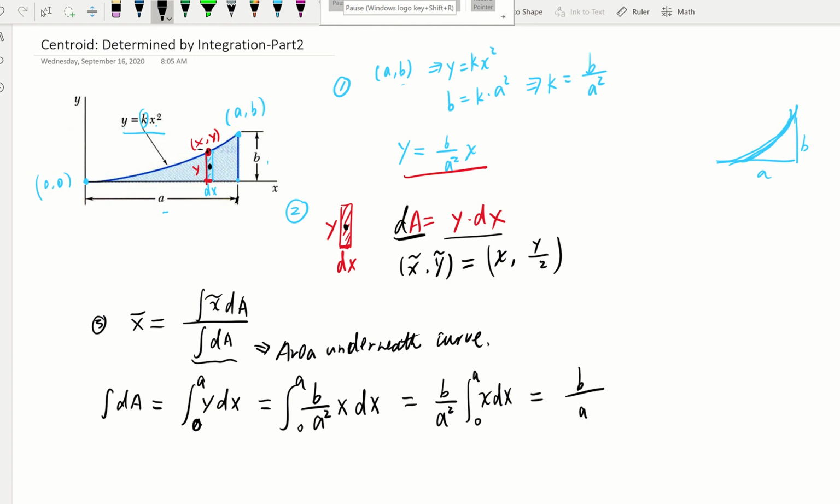Then b over a squared, and integrating x squared gives us x cubed over 3, with x ranging from 0 to a. Then what do we have here? We have 3a squared, b, and x cubed is going to be a cubed minus 0. So we will cancel out.